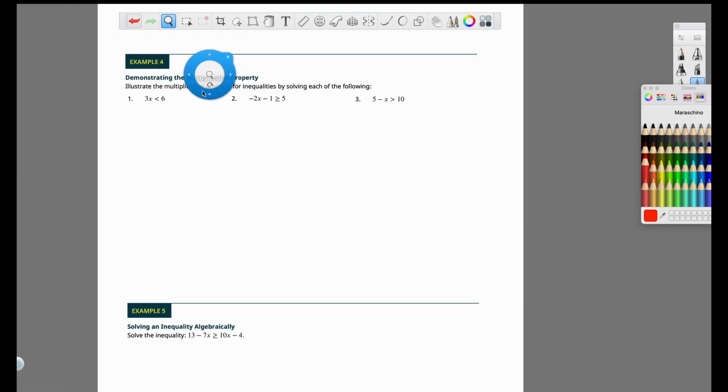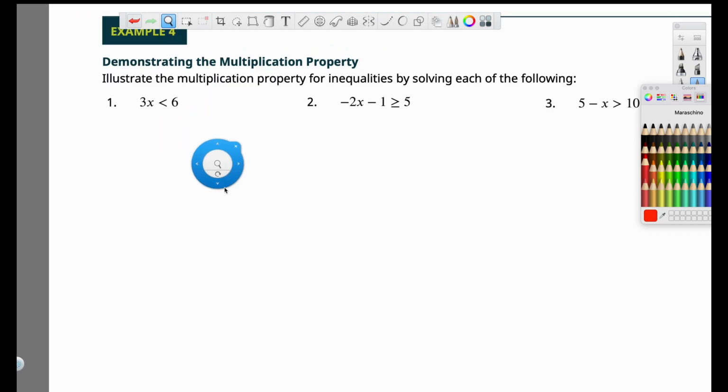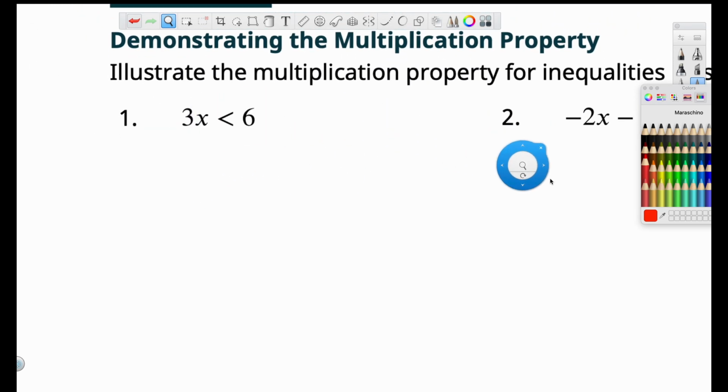Okay. Multiplication property. Illustrate the multiplication property for inequalities by solving each of the following. Okay, so I have 3x is less than 6. We need to undo the multiplication by 3 by dividing. x is less than 2.